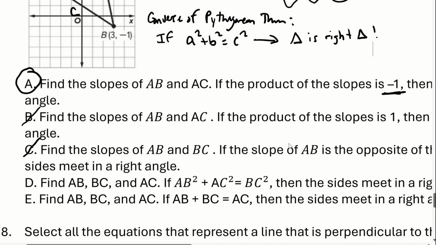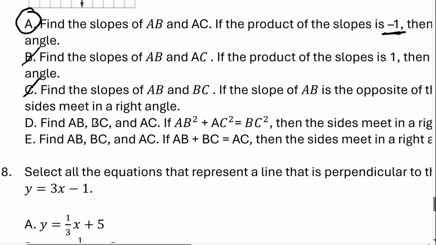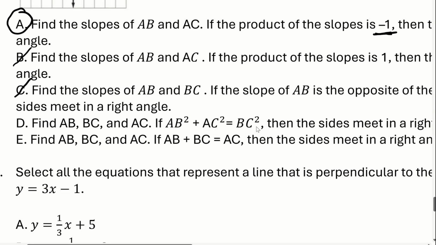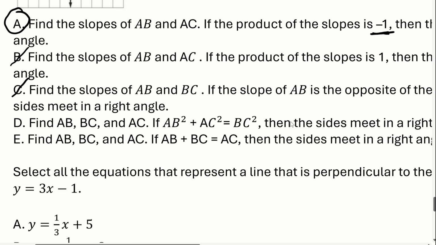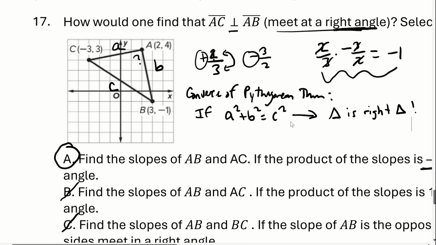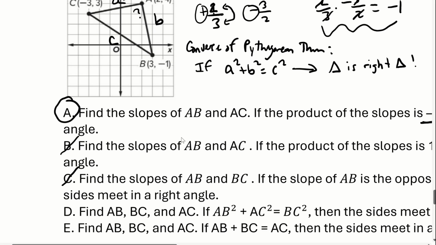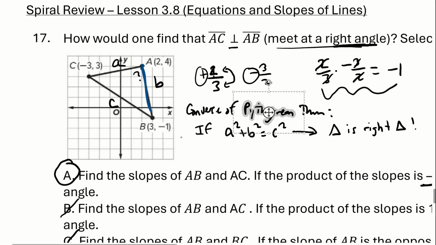So let's look at here. Find AB, BC, and AC. If AB squared plus AC squared equals BC squared, then the sides meet in a right angle. So is that true? Well, yeah, that's what they're talking about.